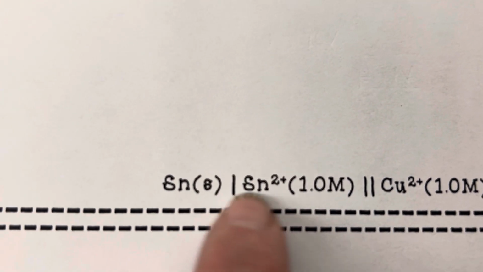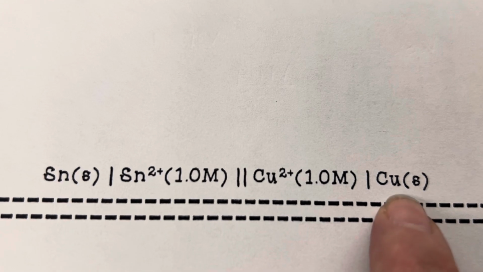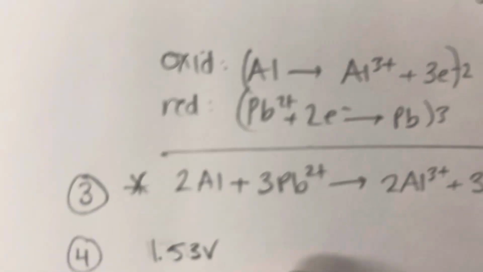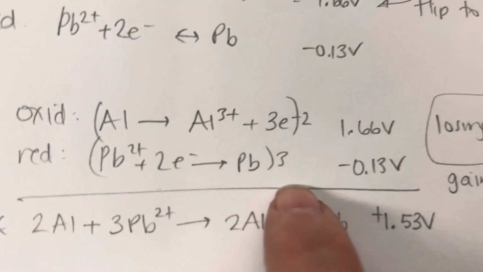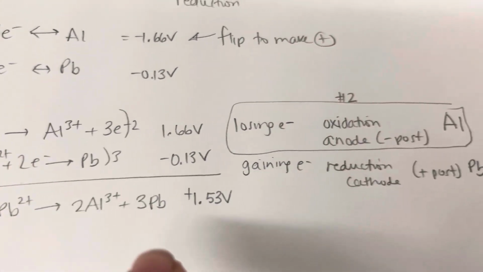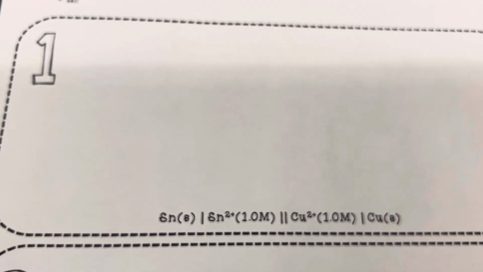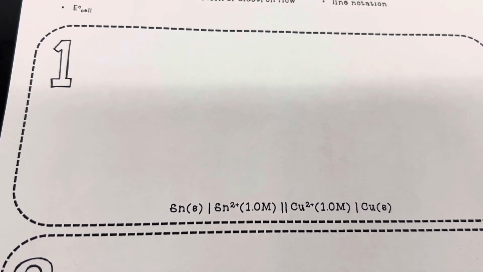So I am showing here, this is my oxidation, this is my anode end. And you can see I went from 2 positive to copper, and just like here on lead, it went from the 2 positive to lead. That's my reduction end. That's where my cathode end would be. So basically it's my anode, then my cathode. Okay? Just giving you some helpful hints on how to write it.